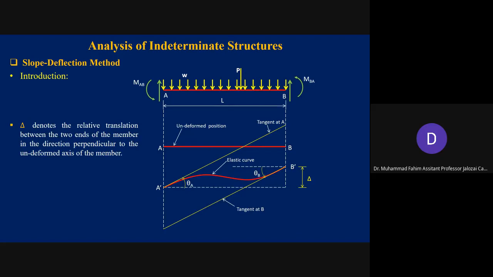Similarly, this is the delta. This is the position of A, this is the position of B. So this relative difference in their position is our delta.